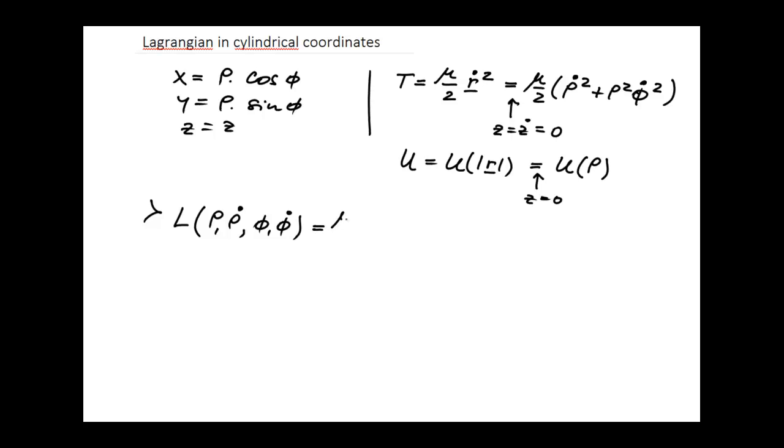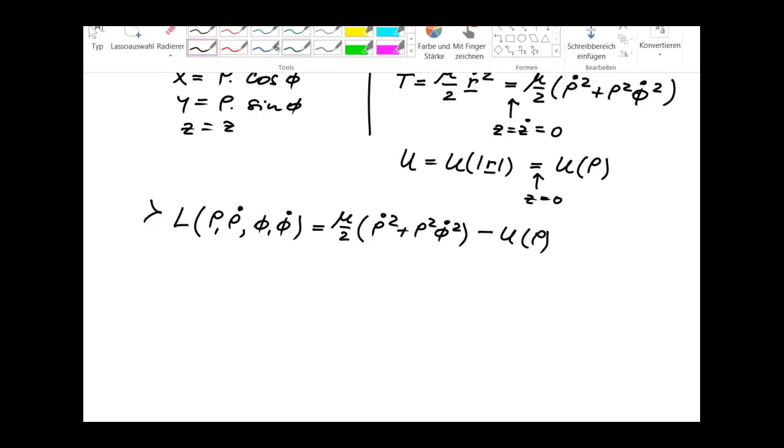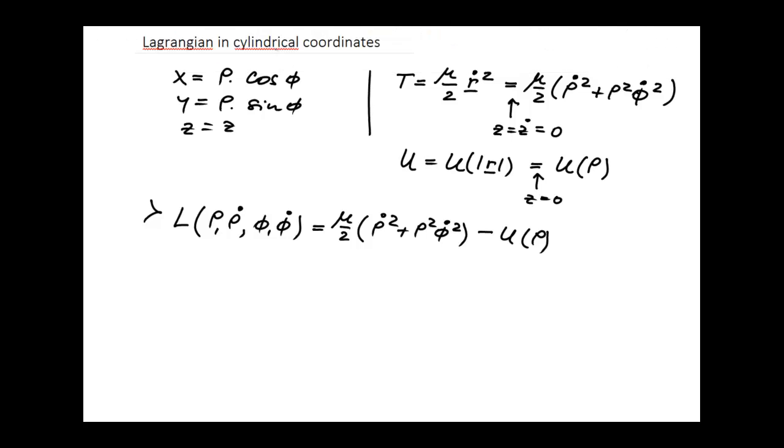So we just take the two terms that we have for the kinetic energy and the potential energy. We immediately see that this Lagrange function actually does not depend on phi. Phi is cyclic, which implies that the associated momentum is a constant of the motion.